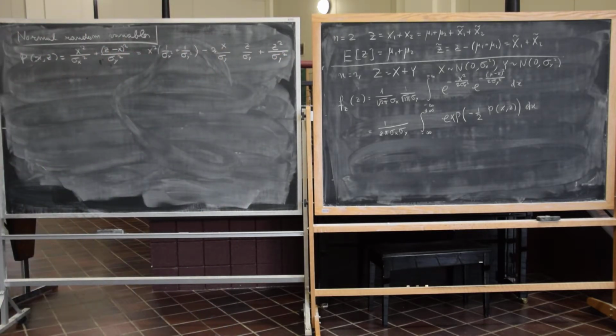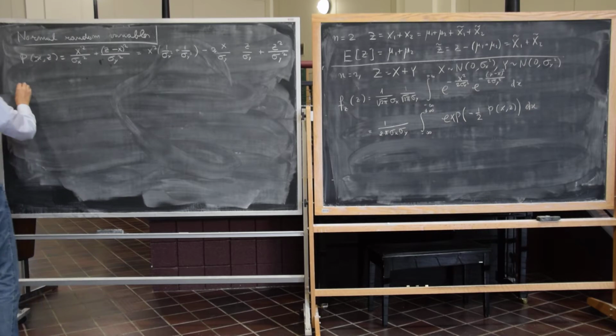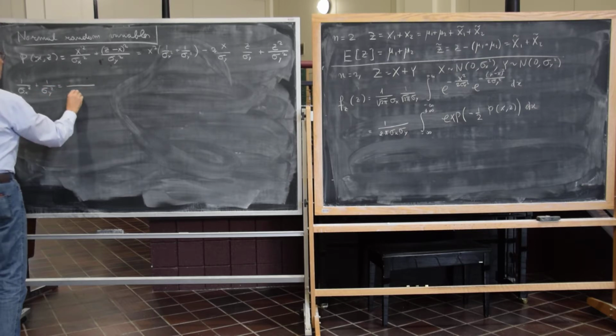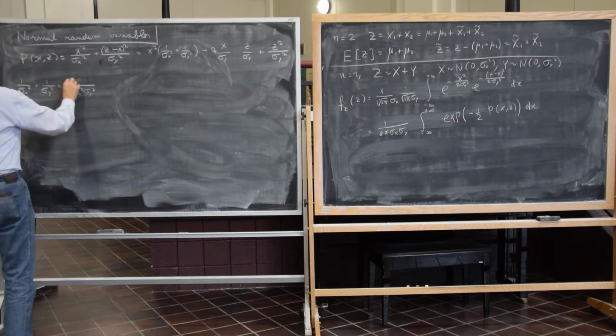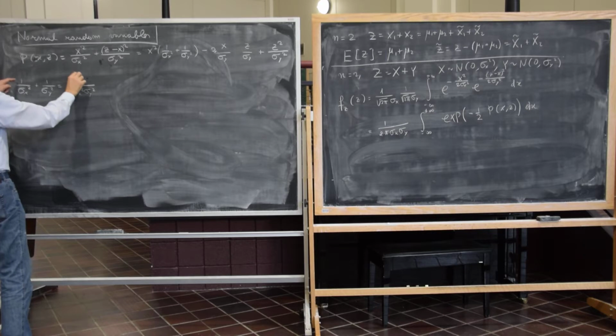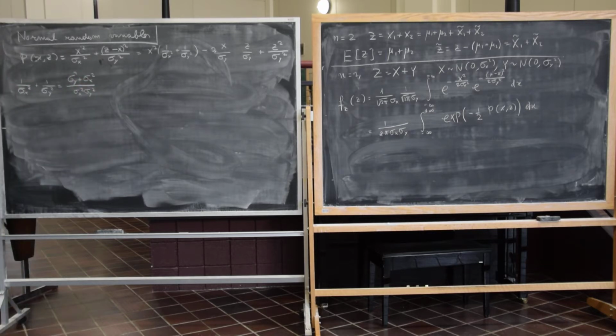This quantity, 1 over sigma x squared plus 1 over sigma y squared, is equal to sigma x squared sigma y squared in the denominator... rather, sigma y squared plus sigma x squared over sigma x squared sigma y squared. Do you agree? Good.